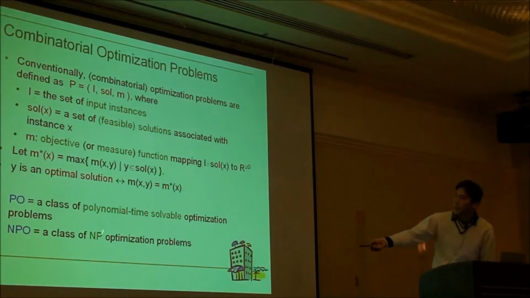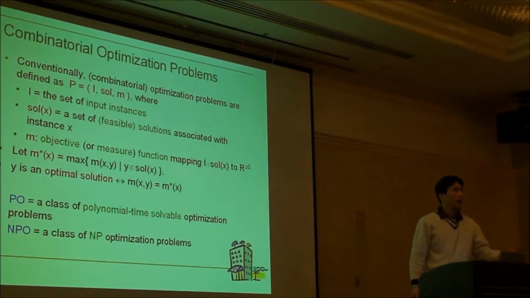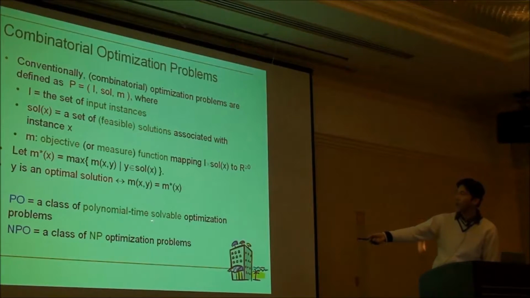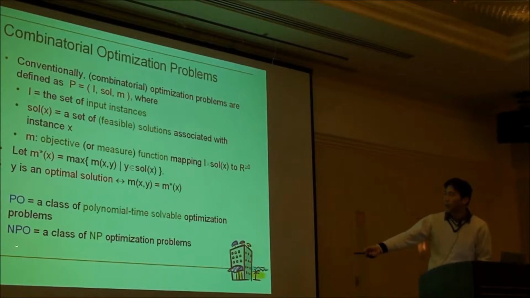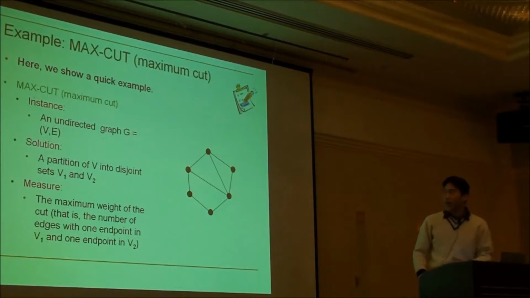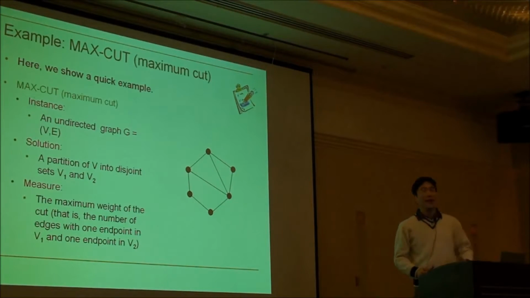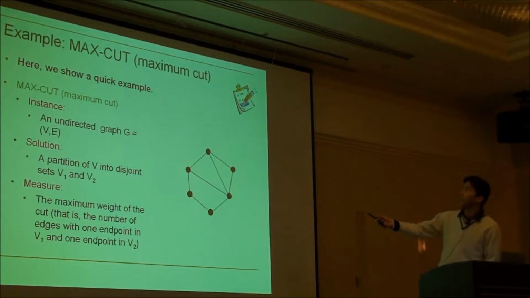Similar to the complexity classes P and NP, we have PO and NPO. PO is the class of polynomial-time solvable optimization problems, and NPO is the class of the NP optimization problems.